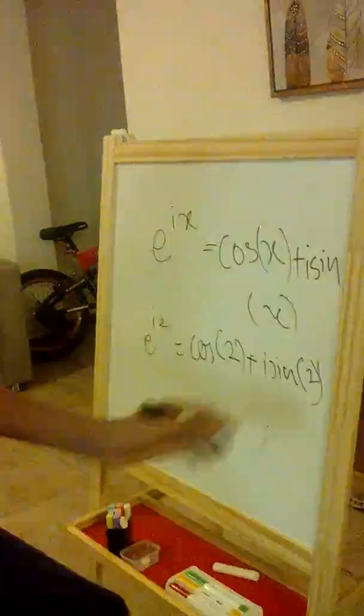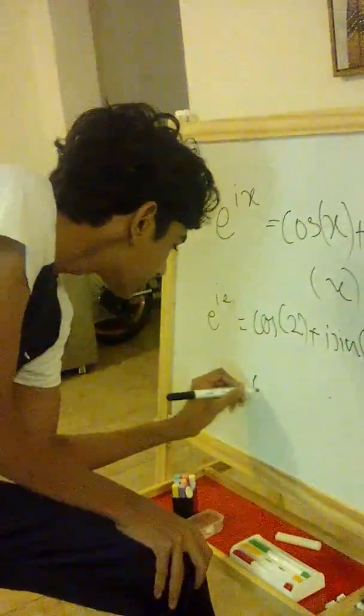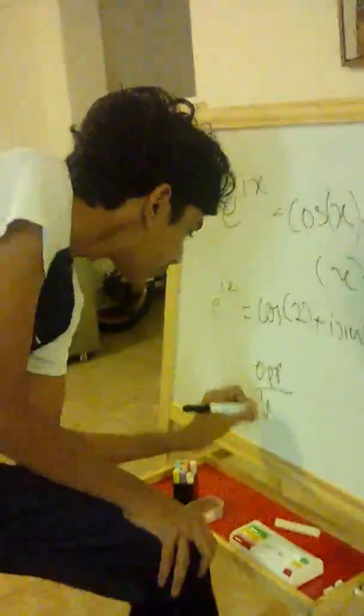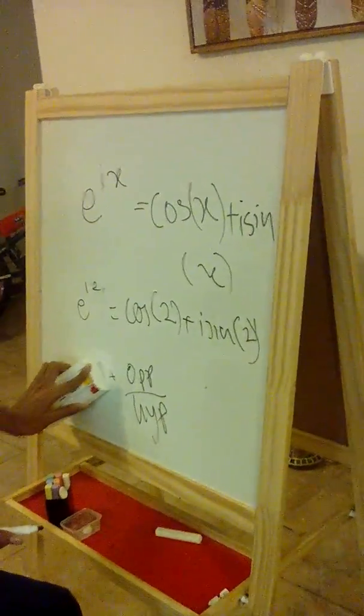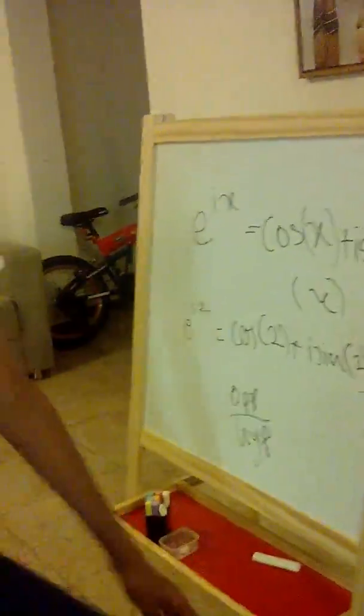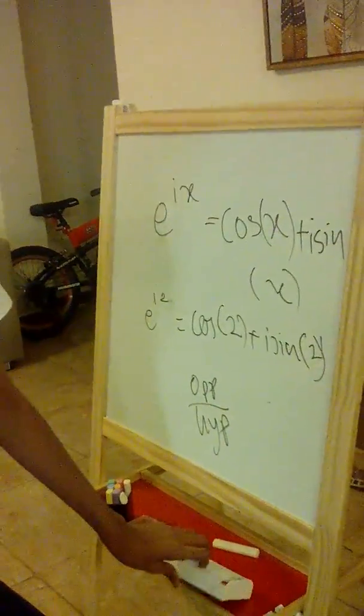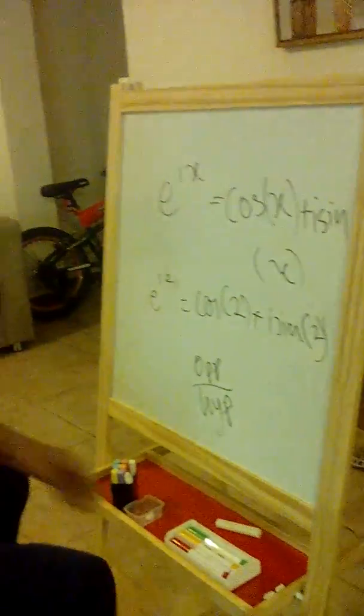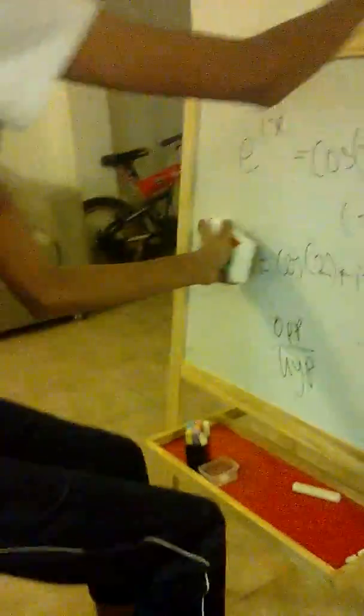Now this is not possible, because numbers above 1 cannot be a sine. Sine is opposite over hypotenuse, and if it's 2, then the angle would exceed 180 degrees, and in a triangle you can't go above 180 degrees in one angle.